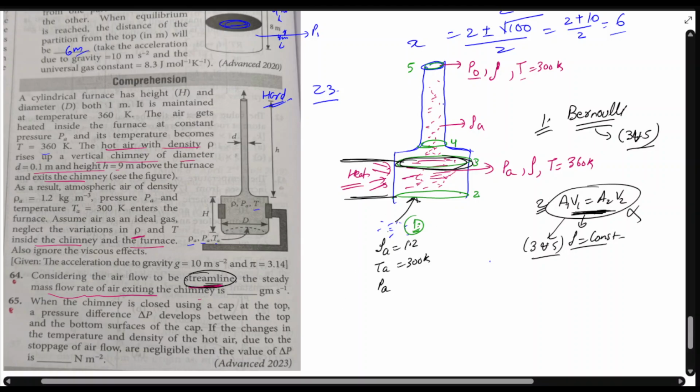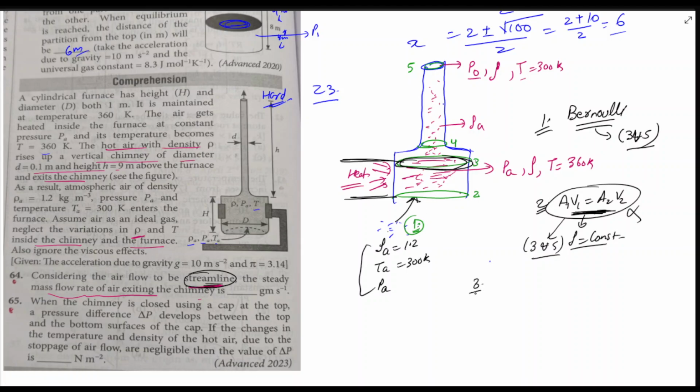Now you will say, sir, what is the use of 1 and 2? For 1 and 2, or 1 and 3 to be precise, we will use the rate of flow of mass.